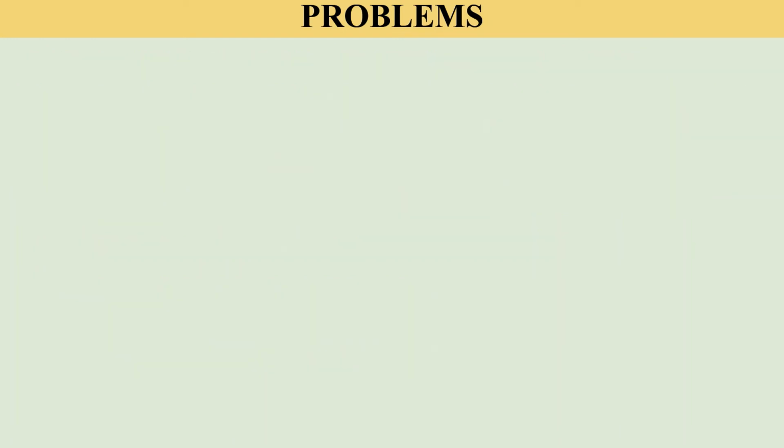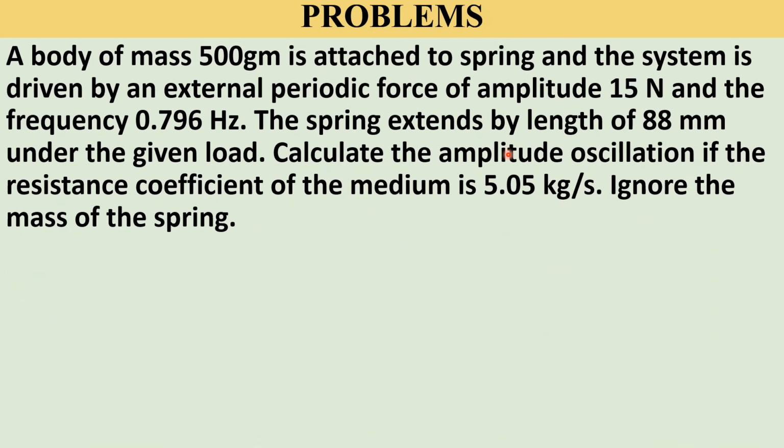Next problem. A body of mass 500 gram is attached to a spring and the system is driven by an external periodic force of amplitude 15 newtons and frequency 0.796 Hz. The spring extends by a length of 88 mm under the given load.